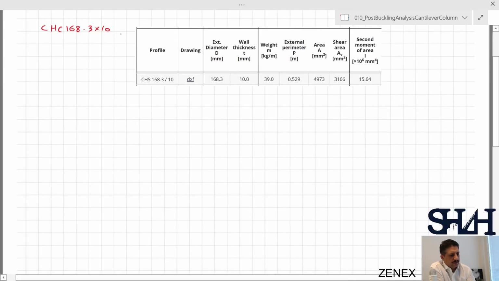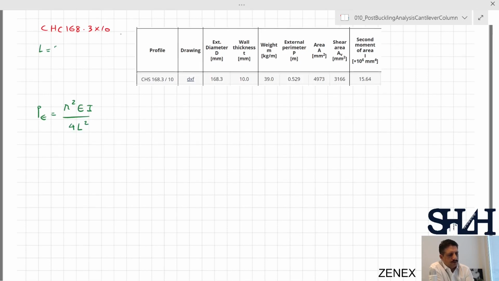First, let's calculate P Euler, which is pi squared EI over 4L to the power of 2. We can assume that we have a 5 meter column and moment of inertia is 15.64 times 10 to the power of 6 millimeter to the 4, and then the modulus of elasticity 210 gigapascal.